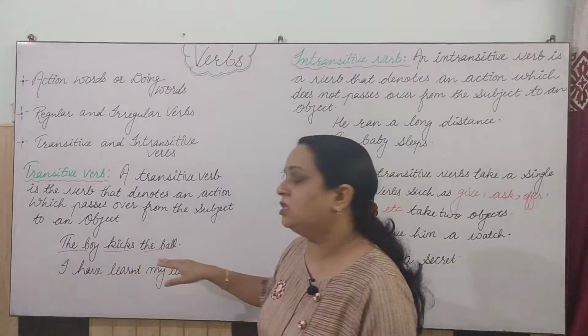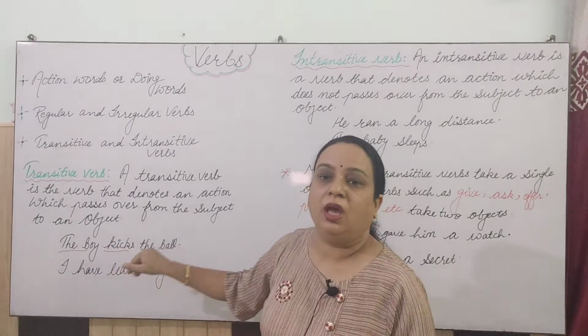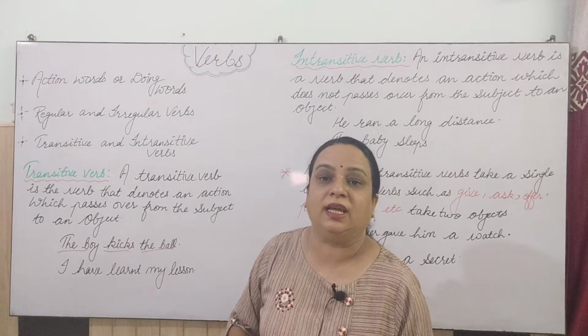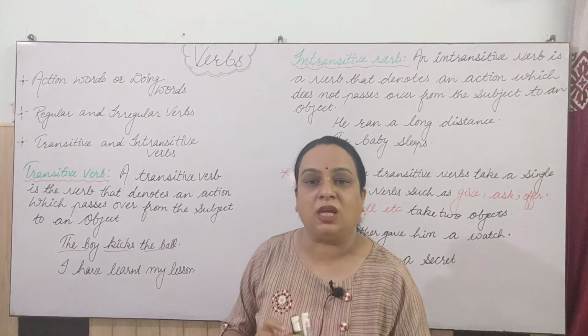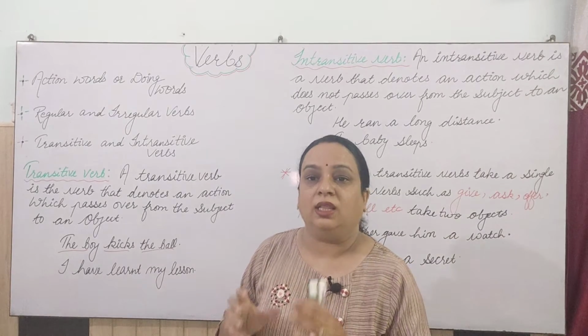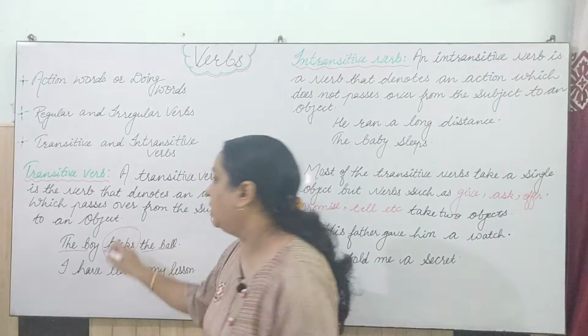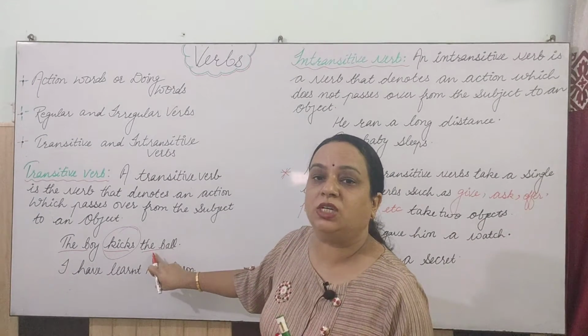So in the boy kicks the ball, the boy is the subject, kicks is the verb, and the ball is the object. Whenever we get an object after the verb, that verb is known as a transitive verb. So kicks is a transitive verb, because we are getting an object after it.